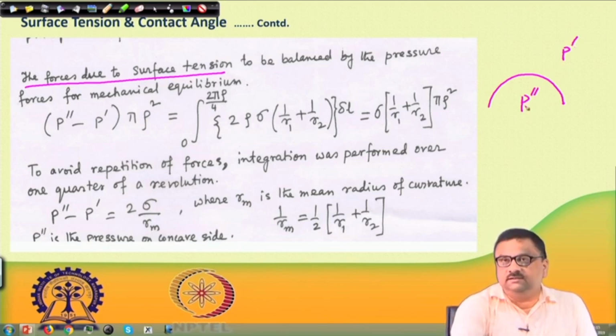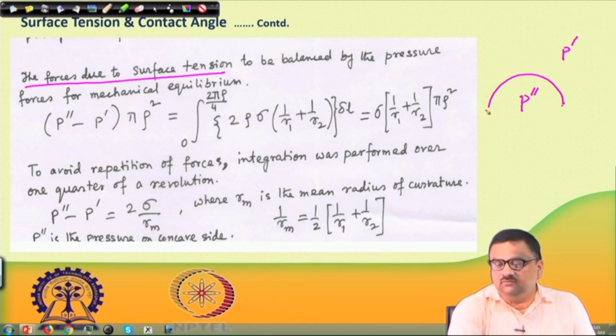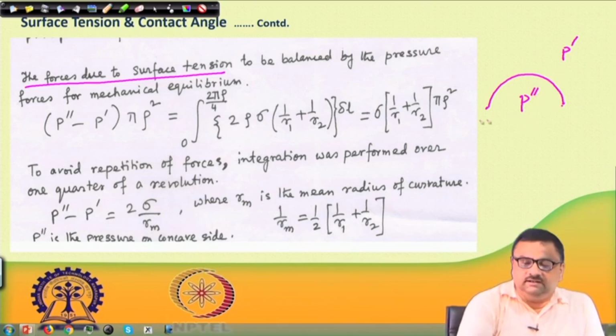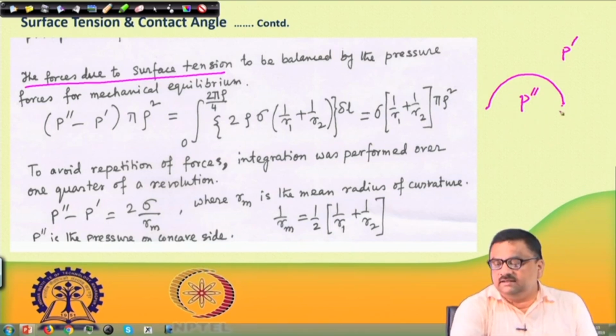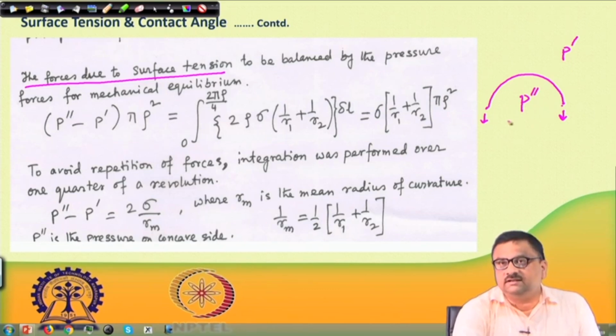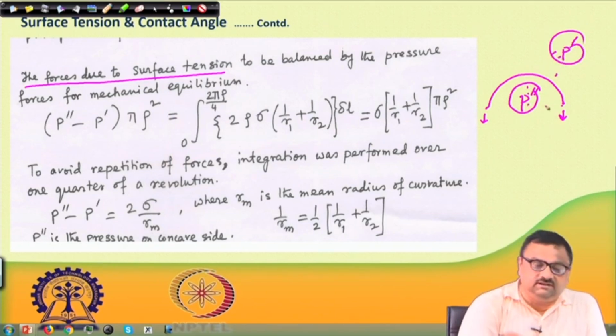Otherwise the surface tension force will tend to reduce the volume of this sphere or region. So, the only force opposing it, countering the surface tension force in mechanical equilibrium, is the difference between P double prime and P prime.